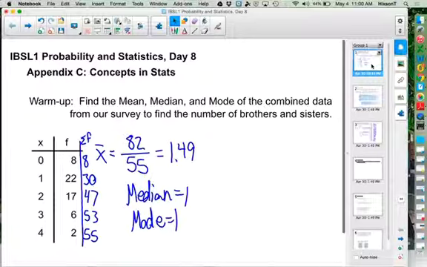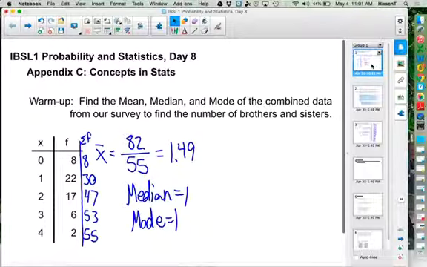The standard deviation here, you couldn't just put in 0, 1, 2, 3, and 4. You'd have to put in 0, 0, 0, 0, 0, 0, 0, 0, and then 1 22 times. So this is where you have to be careful, make sure you've got them all.